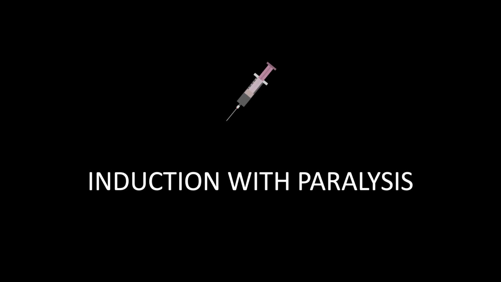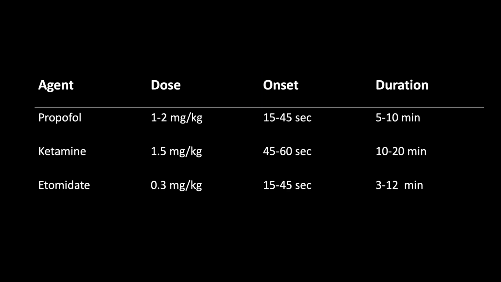Both the induction agent and the neuromuscular blocking agent have to be dosed adequately to promote a full loss of consciousness and paralysis. And importantly, the doses of each of these agents need to be altered based on the patient's preceding hemodynamics and level of consciousness.